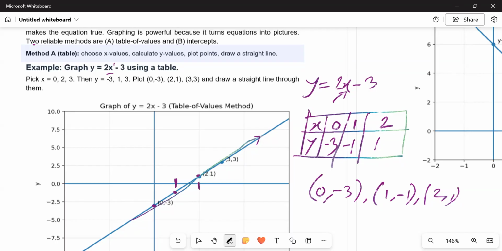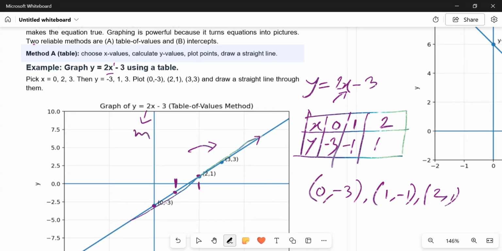Graphs are actually used to help us visualize an equation, right? So first of all, this is a straight line. Next is that the slope is positive, right? Because 2 is the slope here. I'm going to talk about it in a few minutes, but this is the positive slope.